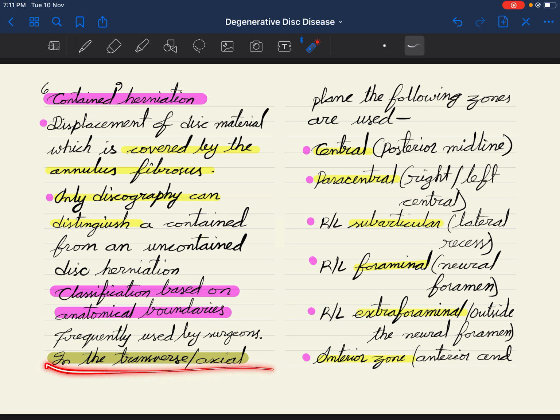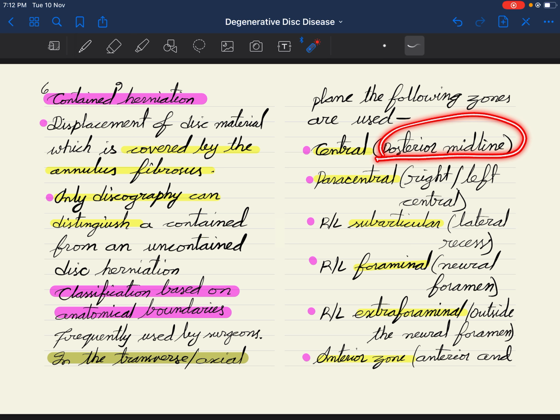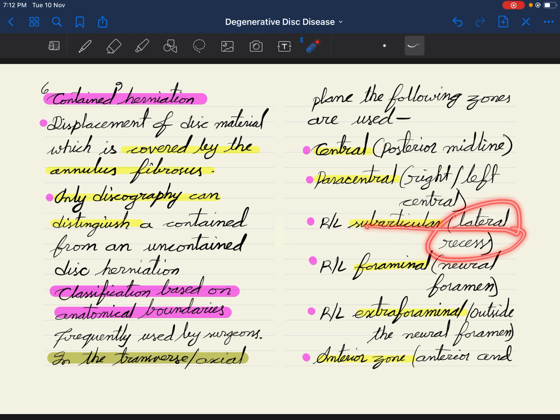In the transverse or axial plane, we can classify the herniation into some subgroups. First, the herniation may be central, that is posterior to the midline; may be paracentral, that is right or left of central; or may be right or left subarticular herniation, that is herniation into the lateral recess.